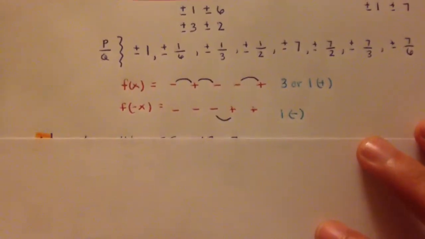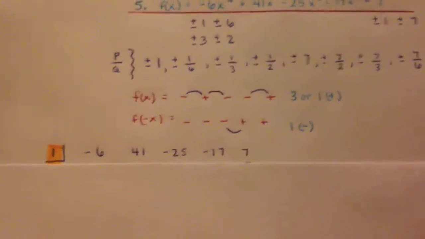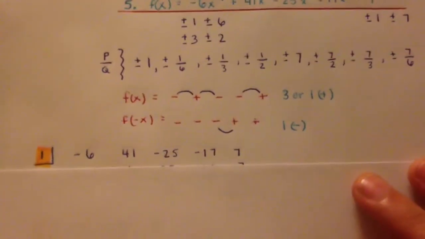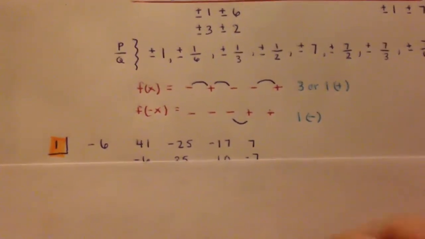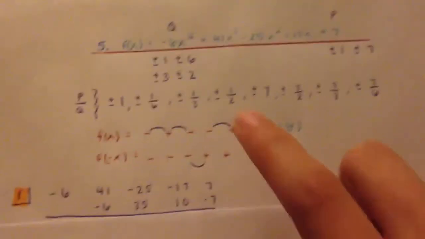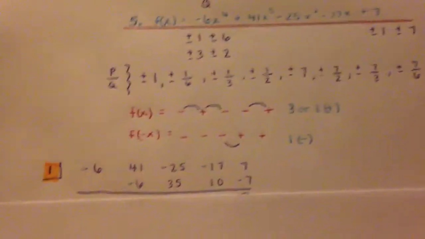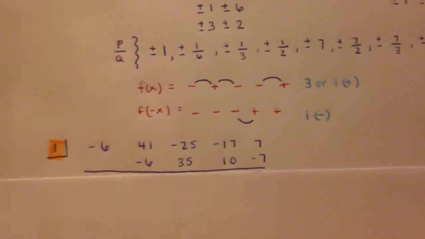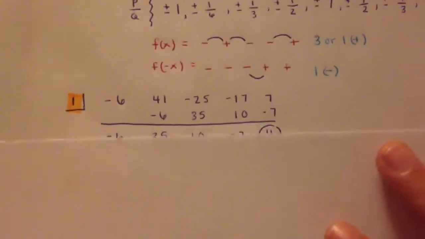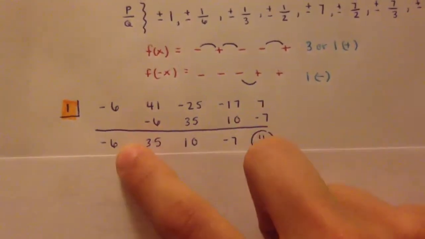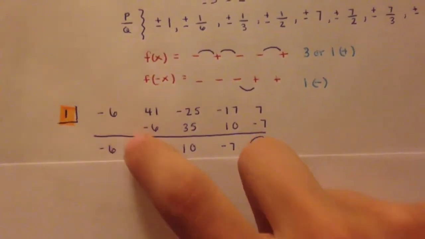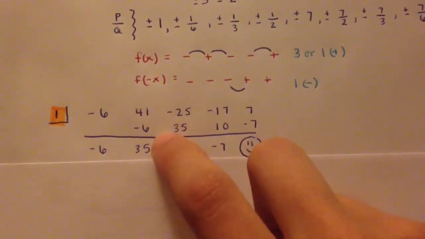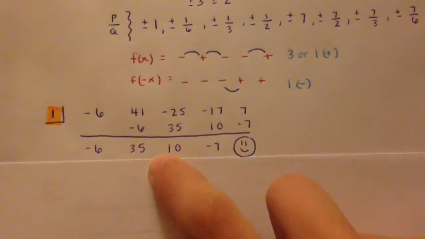So we're going to try 1, because it's the easiest to try out. We're just going to list out the coefficients like we do in synthetic division. You get negative 6. Negative 6 times 1 is negative 6. 41 plus negative 6 is 35.